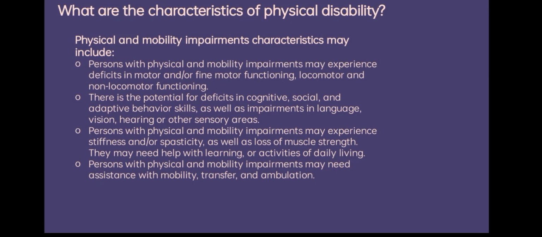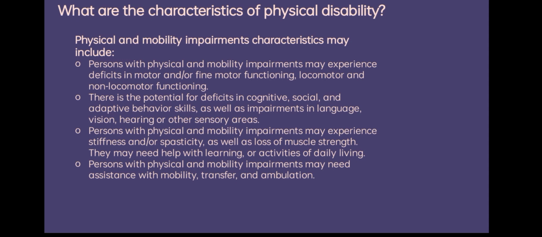What are the characteristics of a physical disability? Persons with physical and mobility impairments experience deficits in motor and or fine motor functioning, locomotor and non-locomotor functioning. There is the potential for deficits in cognitive, social, and adaptive behavior skills as well as impairments in language, vision, hearing, or other sensory areas.